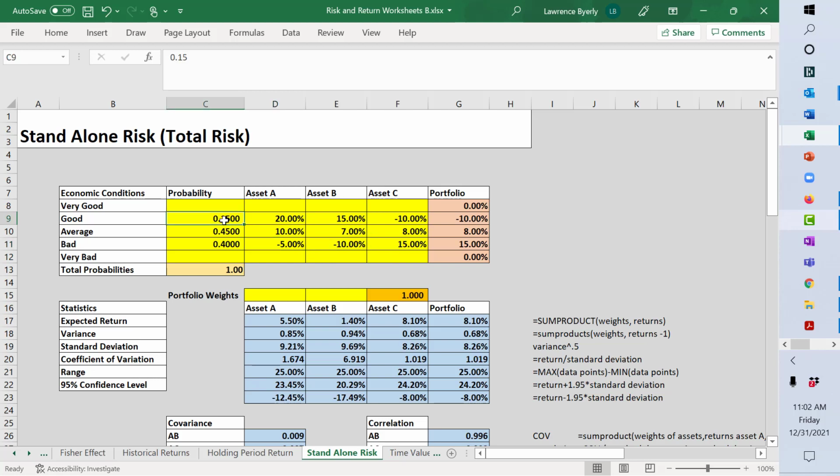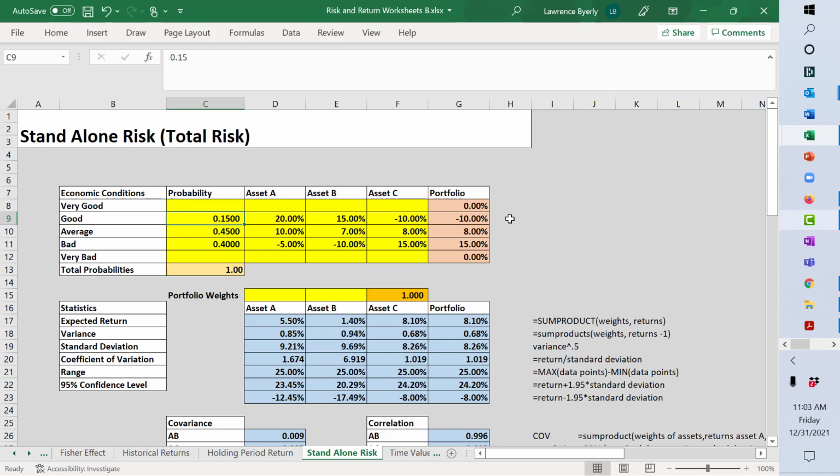The other important aspect, though, is we have to incorporate probabilities. What's the chance that we're going to have a good economy in the future? Now, this adds even more uncertainty to the numbers that we calculate. But maybe what we'll do is send out a survey, ask some economists what they think about the possibility of the economy moving forward.